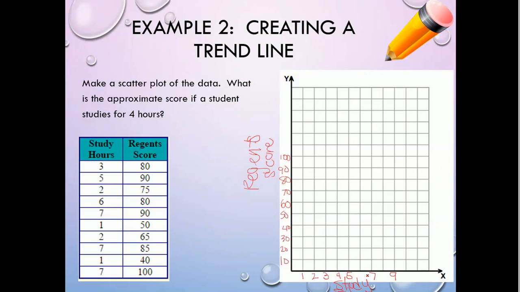Fill these in so I can see. So 3 is 80. 5 is 90. 2 is 75. 6 is 80. 7 is 90.